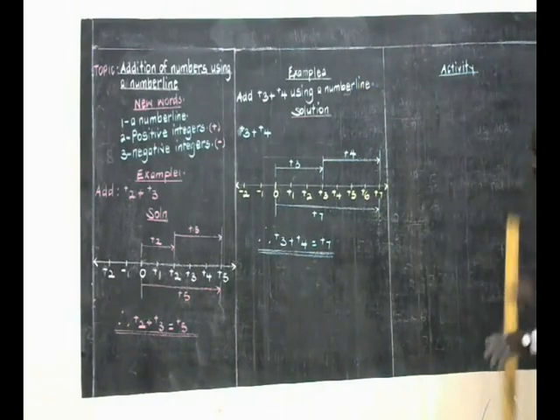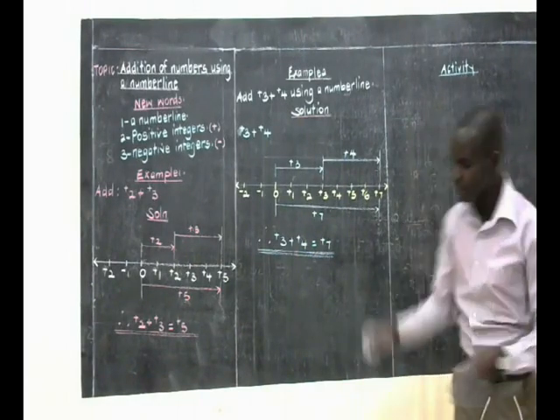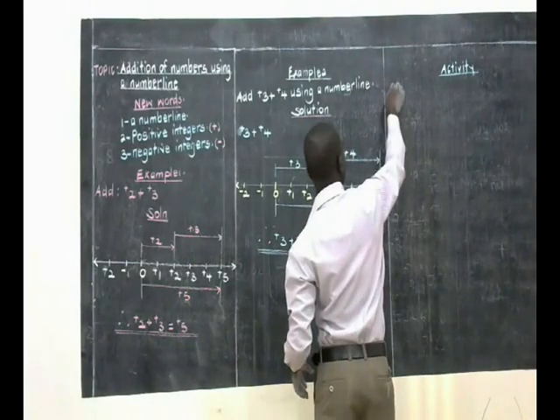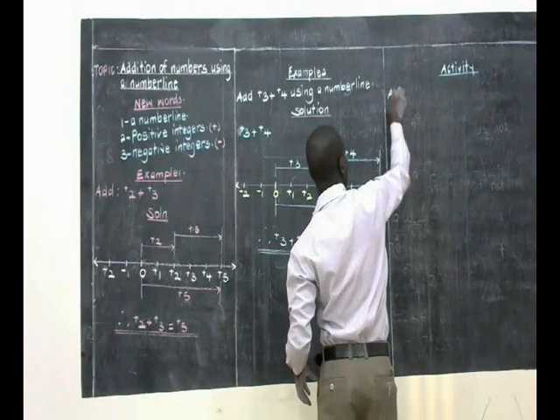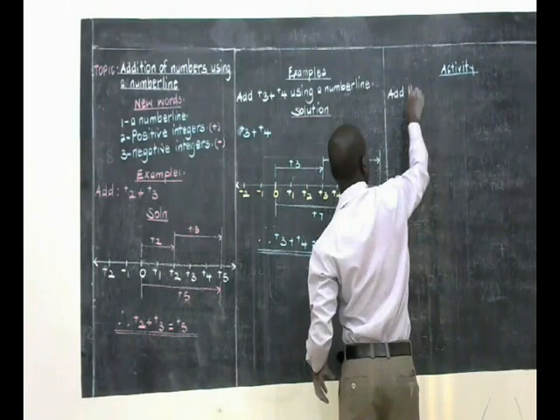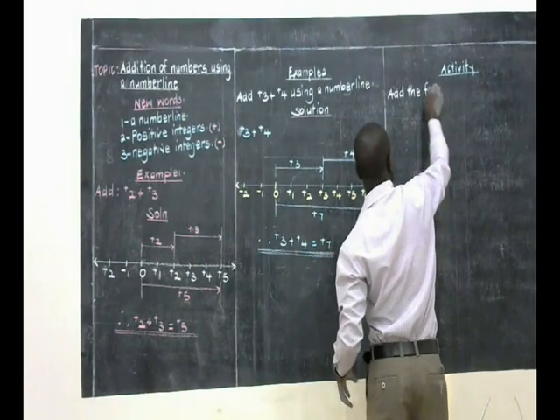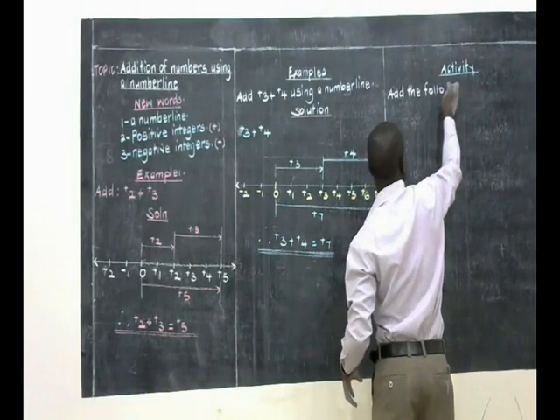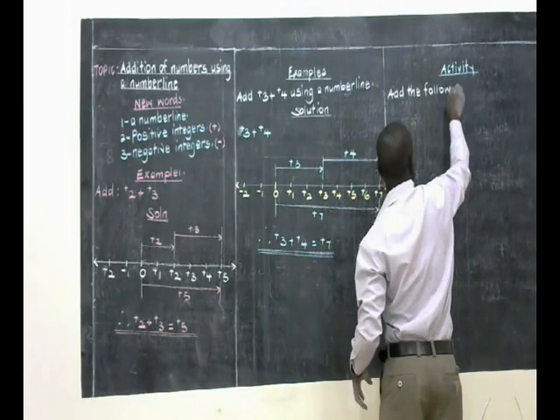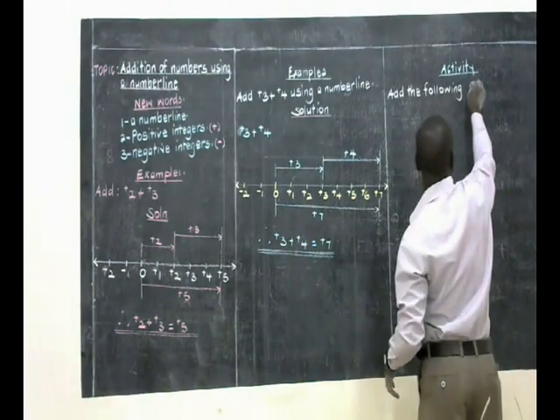In our activity, we want to see how best we can also add these numbers. The question is saying, add the following correctly.